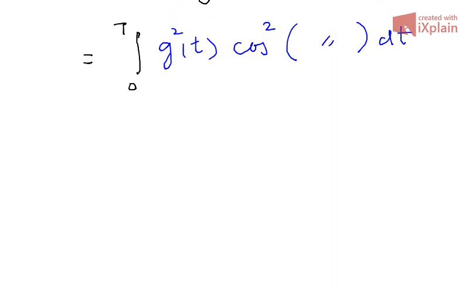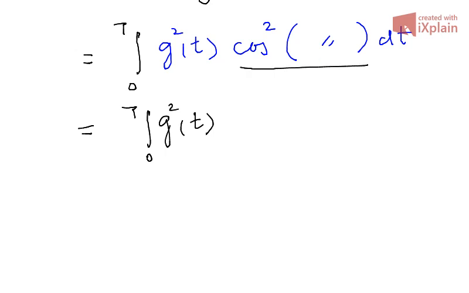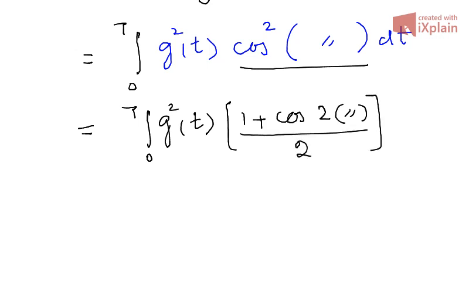So if we want to find the average energy, we can write it as the integral from 0 to T of g squared of t, and here you can write cos squared theta as 1 plus cos 2 theta over 2, and dt.